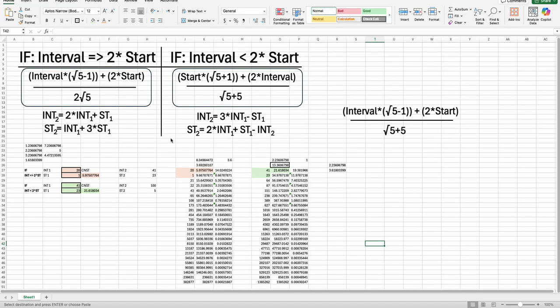You have to break this up into conditionals, because your formula is going to be different as soon as you get past the halfway point of your relationship here. So this top formula works for the Lucas sequence. The bottom formula works for the Fibonacci order.